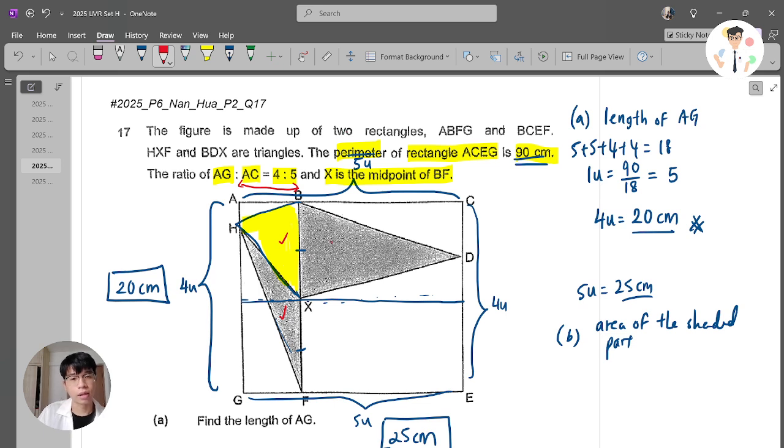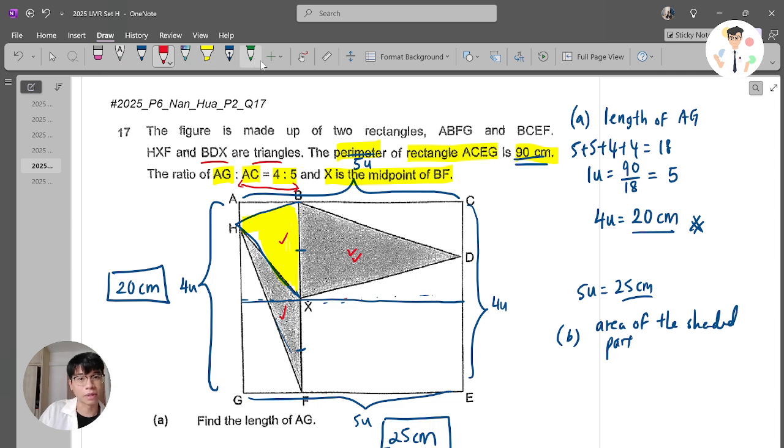And look at this shaded part now, BXD. This is actually a triangle, as mentioned here. And this is actually also half of this whole rectangle here. And perhaps this and this is actually half.